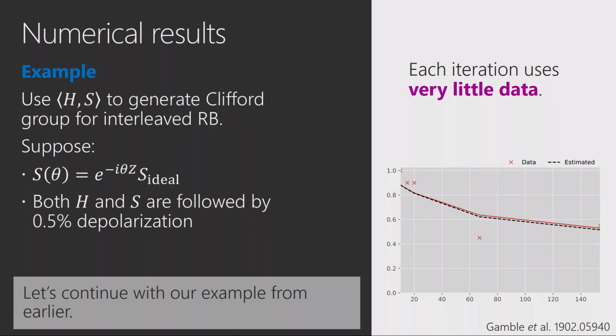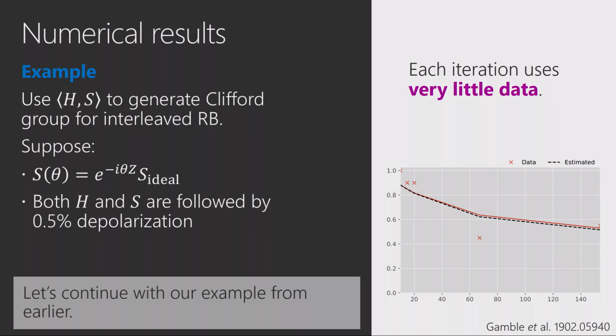And what's really cool is that each iteration of this, we're using very little randomized benchmarking data. This plot here is of all the data that this Bayesian ACRONYM algorithm uses to get from one step in the optimization to the next. And if I just showed you that, it doesn't look very much like a randomized benchmarking plot. But the thing is, I already had the whole history of the optimization up until then.